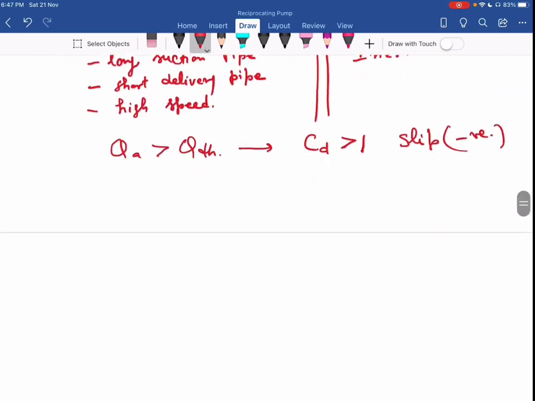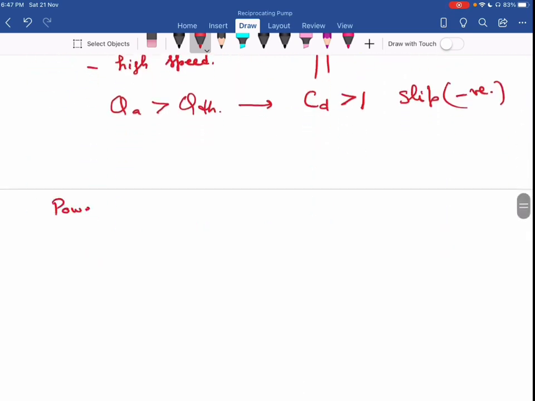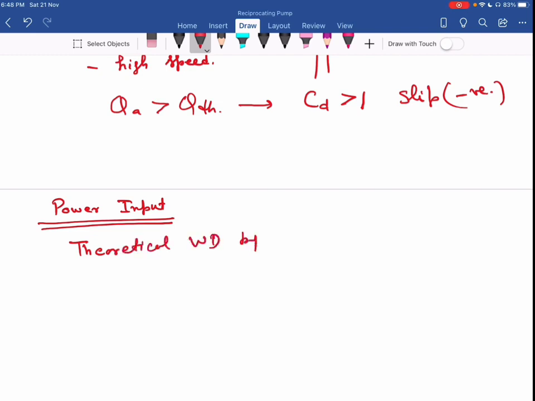Okay. Then the formula for power input to the pump. The theoretical work done by the pump, I can write as W equals rho G into QTH into HSD, the static head. This is the formula for a single acting reciprocating pump. My HSD, I can write as suction head plus delivery head.